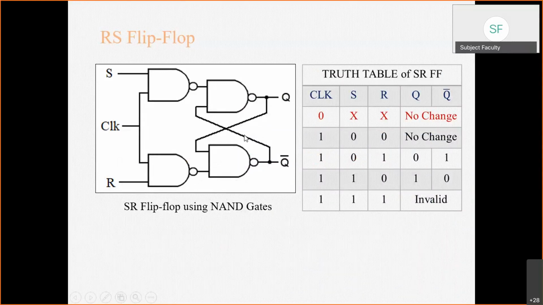The truth table I have already mentioned; just put in these values and verify whether this truth table is correct. Here also, whenever R equals 1, Q is reset to 0, and when S equals 1, Q is set to 1, and the fourth condition is again invalid. You can remember either one of the circuit diagrams. Don't get confused.